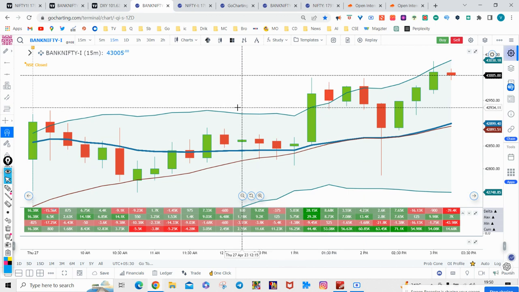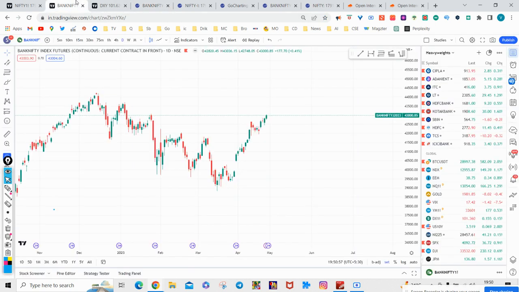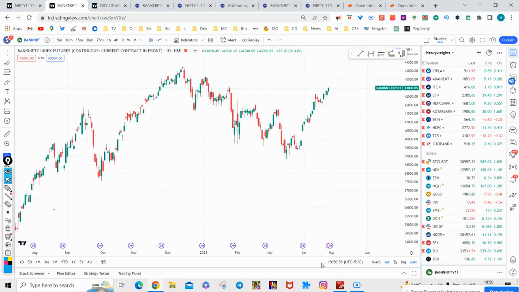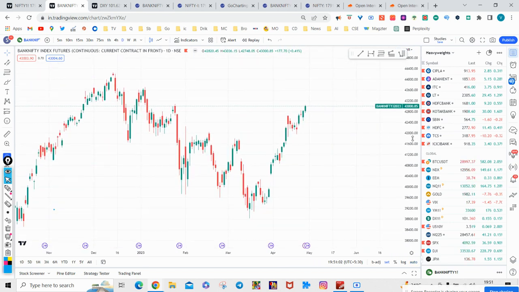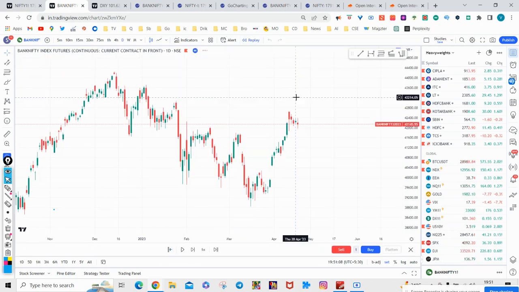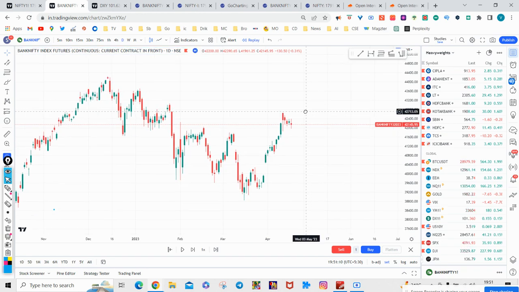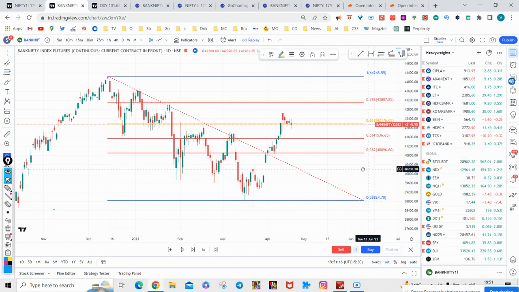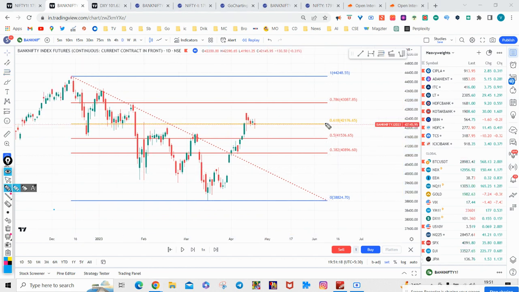One more broader point I want to convey is about the price action. Let me recap what we discussed last week in our Sunday weekly analysis video: Bank Nifty has already crossed the 61% retracement, so it is heading towards its 0.786 retracement and the target of 43,087, which it's about to achieve.